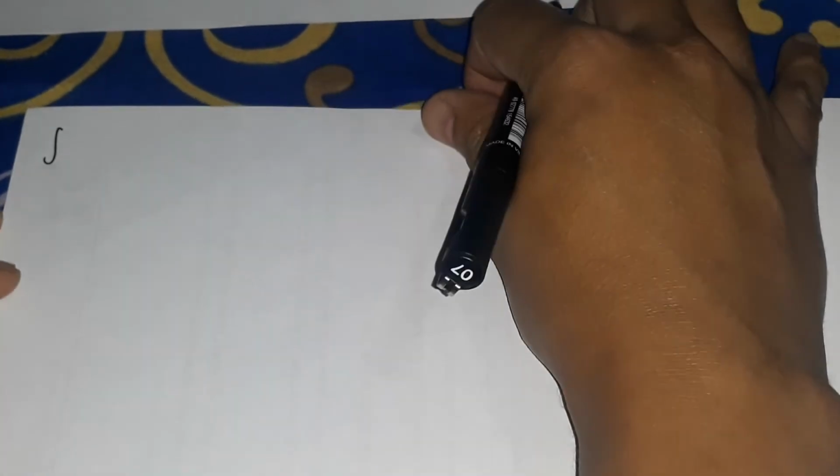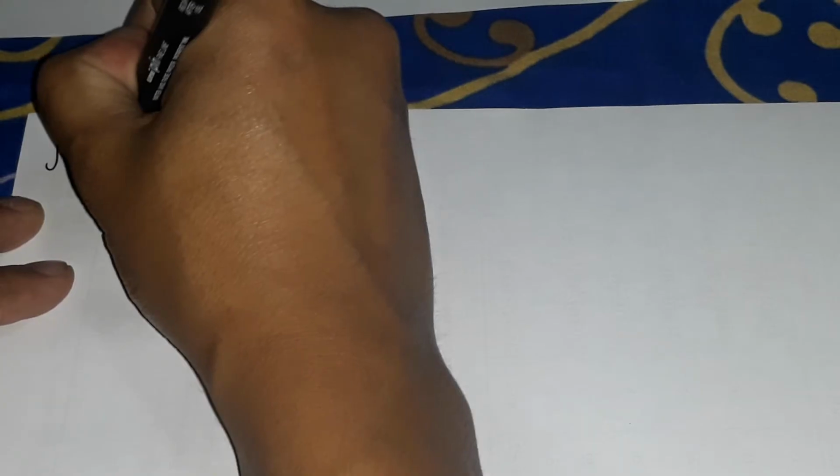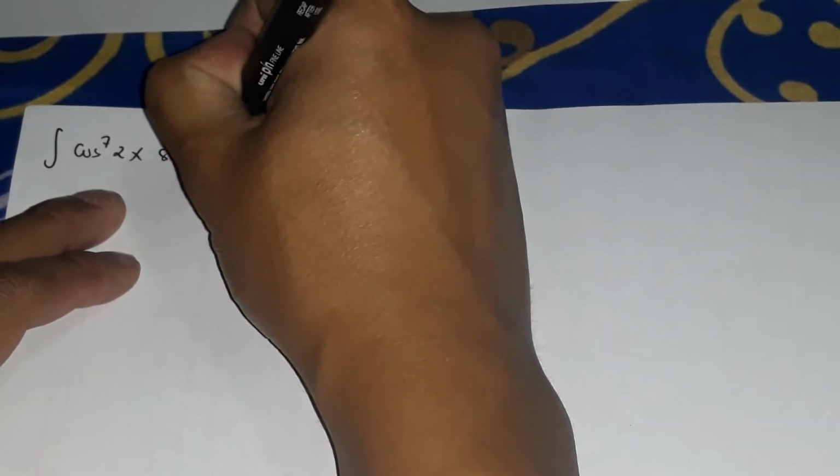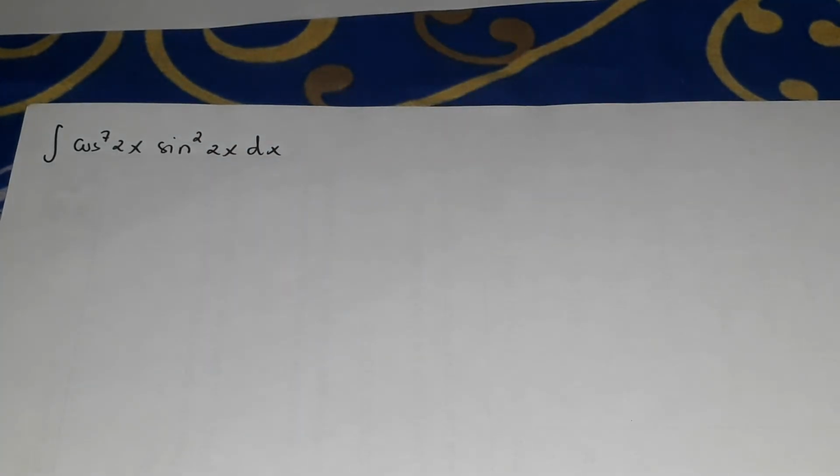So let's have, say, integral of cosine to the 7 of 2x times sine square of 2x dx. Again, we will be integrating cosine raised to 7 2x times sine squared 2x dx.